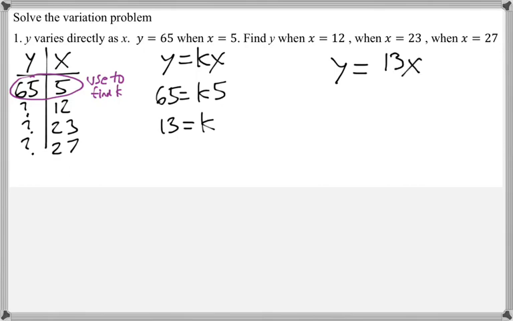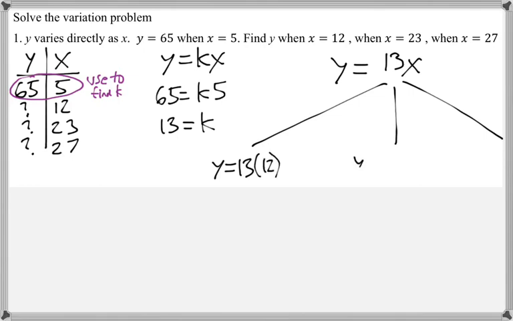So once you have that, you can use it to find what y is when x is equal to those values, or these other ones down here. So that's going to be 3 different questions. So y is equal to 13 times 12, y is equal to 13 times 23, and y is equal to 13 times 27.